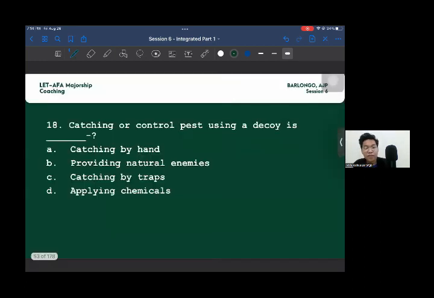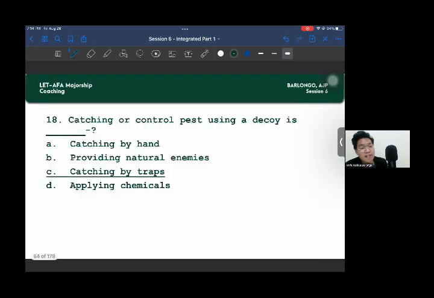Okay, so next, let's have number 18. Catching or controlling of pest using a decoy is A, catching by hand, B, providing natural enemies, C, catching by traps, or letter D, applying chemicals. So the answer for this one is letter C, which is catching by traps. Kasi nakalagay doon decoy.